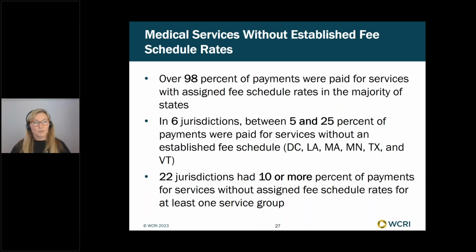However, for 6 jurisdictions, we observe a larger percentage of payments paid for procedures without an assigned fee schedule. It ranges between 5 and 25%. And at the service group or service type level, we find that 22 jurisdictions have at least 10% of payments paid for services without assigned fee schedule rates for at least one service group.